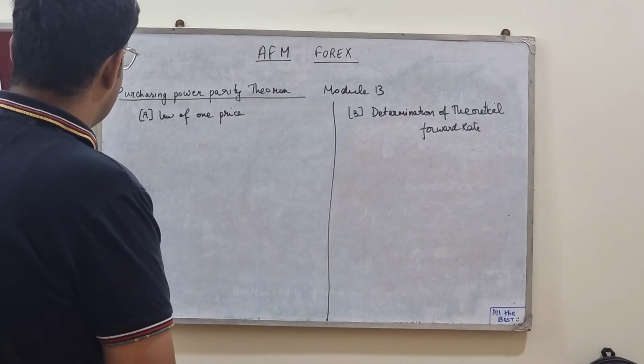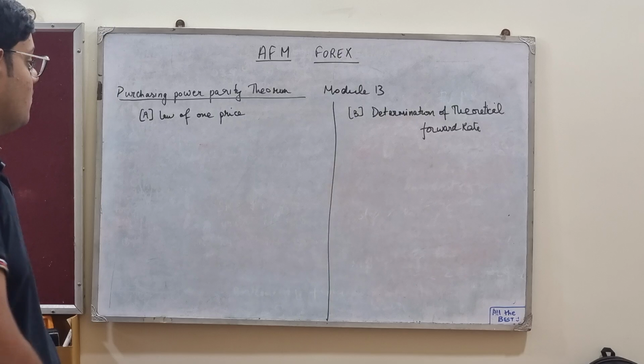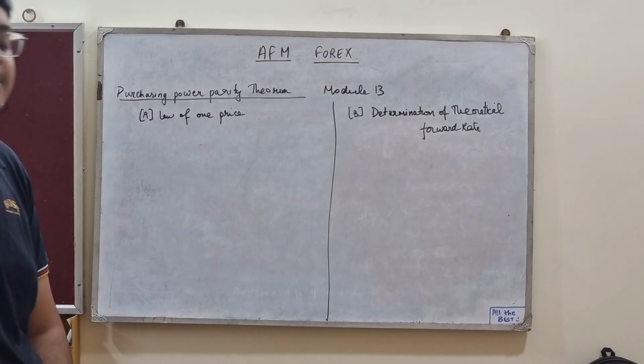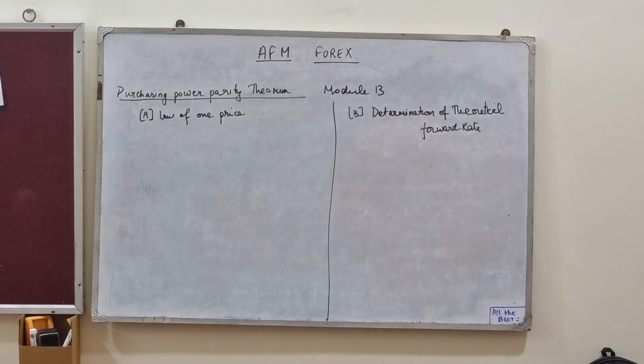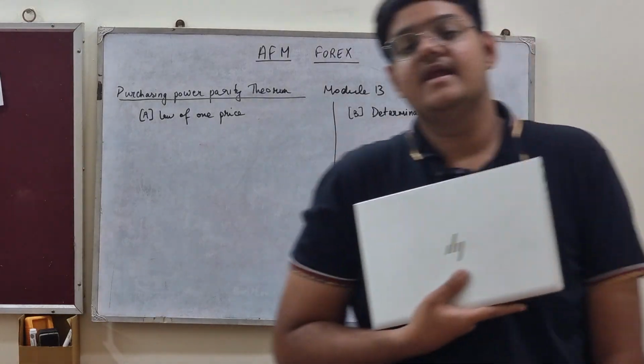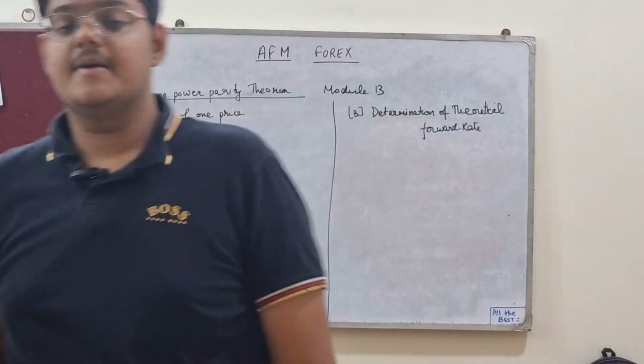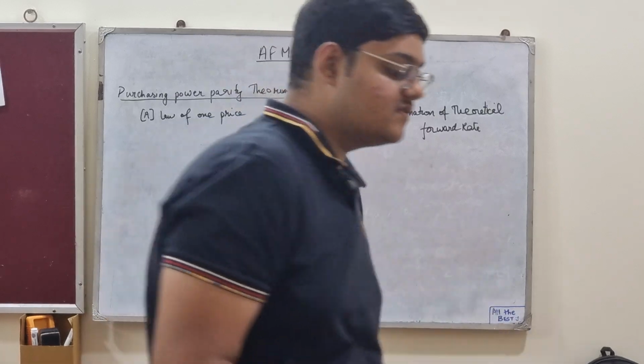Law of one price. What law of one price says is, if I'm buying, for example, this laptop in India or if I'm buying this laptop in US, it should be of the same price.